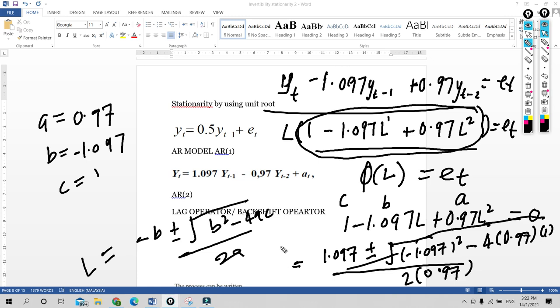To find the unit root here, you can refer to the additional maths MOOC on how to factorize. This is more on how to factorize this function.